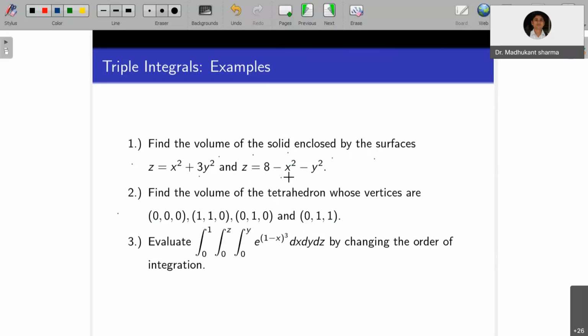Solving the integral, I will leave to you. I'm just going to discuss how to finalize the limits, which is the crucial thing.